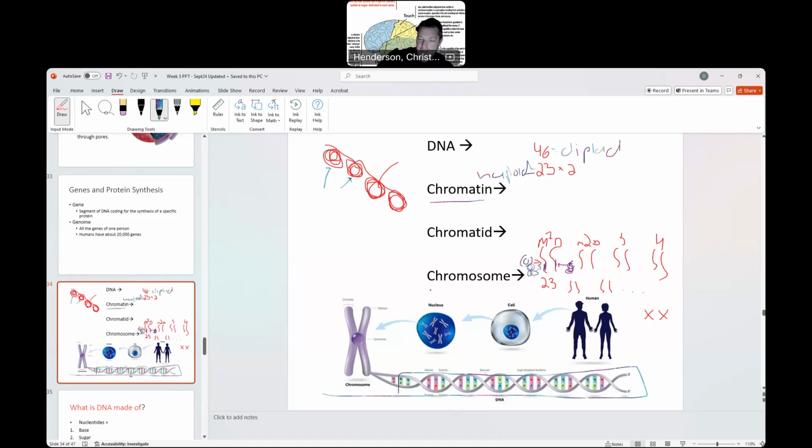Then eventually what happens is the chromatin condenses so much and it goes into areas of the cell where we can find it. Those are called chromosomes. And a chromosome, we have 23 of them. We have 2 copies of each chromosome, 1 from mom and 1 from dad. And then on the chromosomes, it's going to be small sections of DNA that are going to code for all of our proteins. Those are called genes.